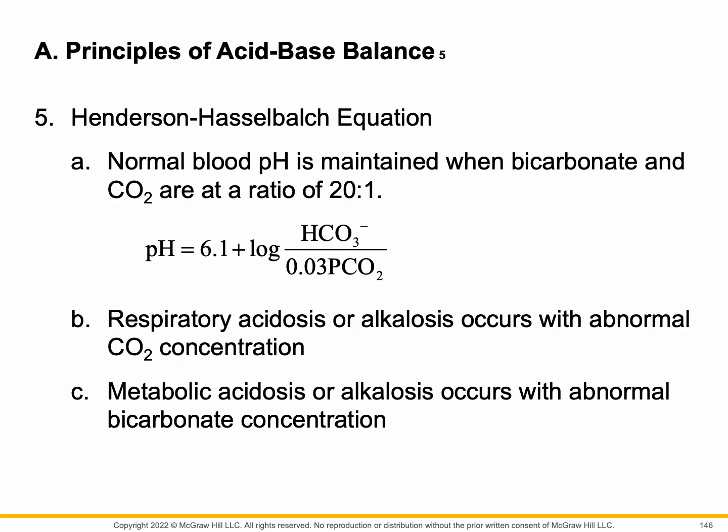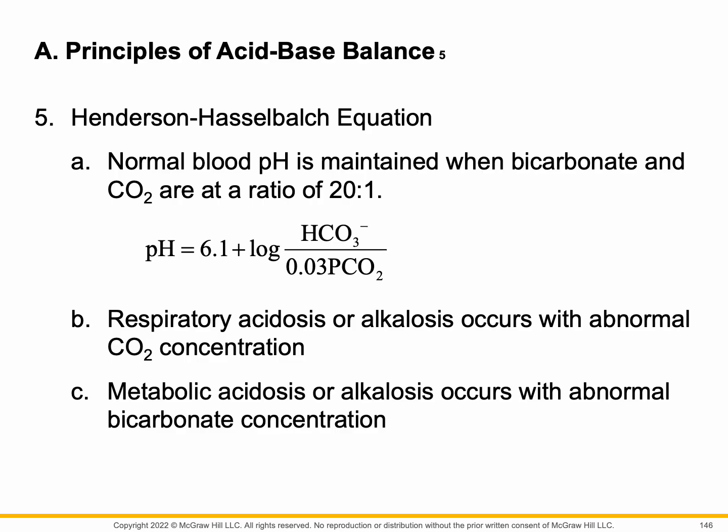The Henderson-Hasselbalch equation is a fundamental formula in chemistry and biology used to relate the pH of a solution to the pKa, the acid dissociation constant, and the ratio of the concentrations of a weak acid and its conjugate base.